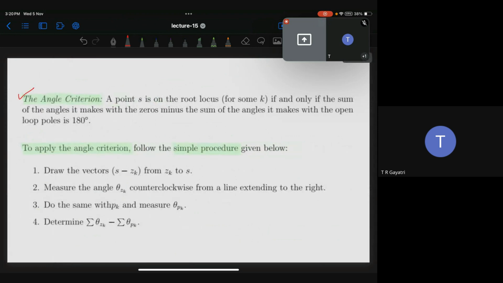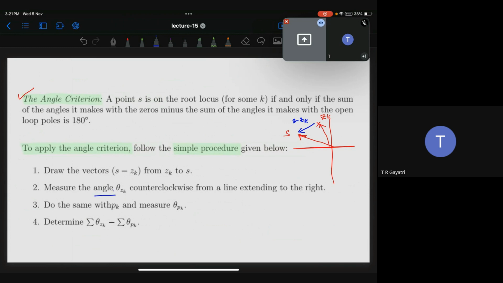So what do we do generally? You take the point S. Let's say you have this point zk. What we do is find this S minus zk, and you measure this angle, as I said previously.